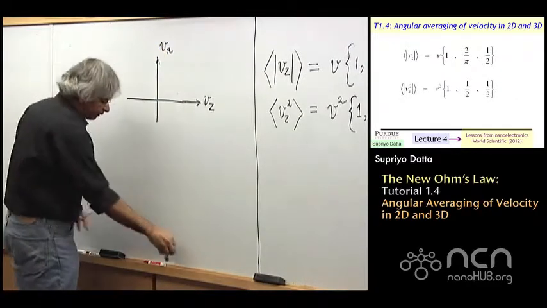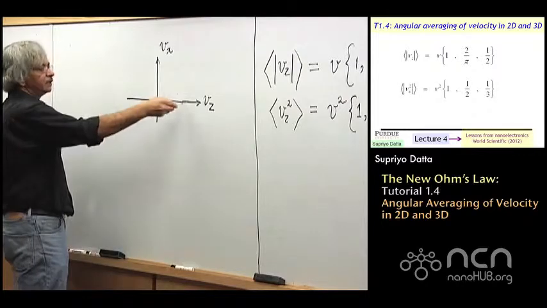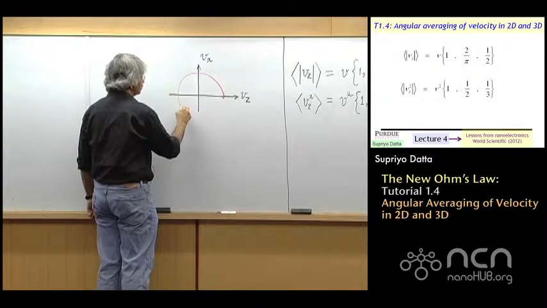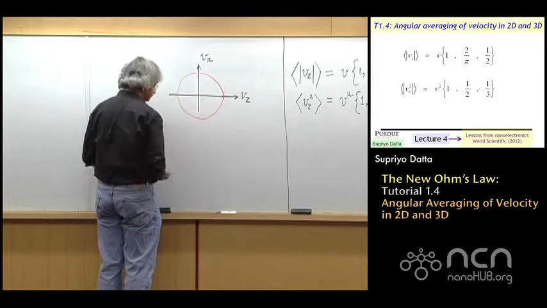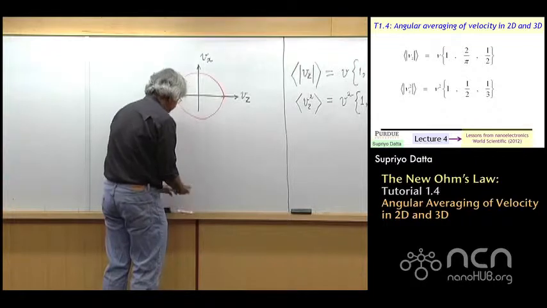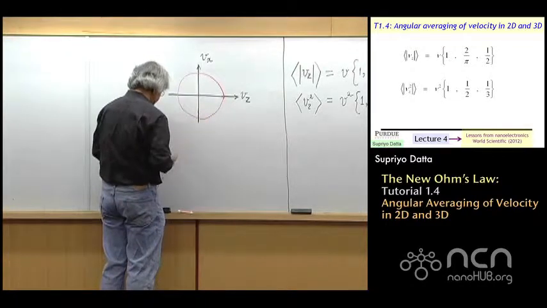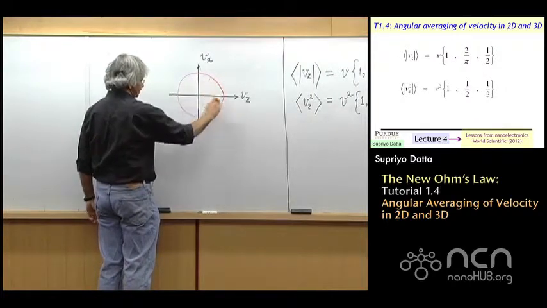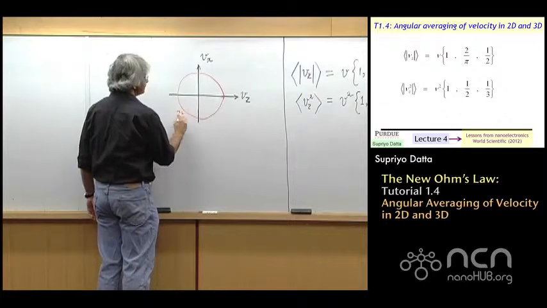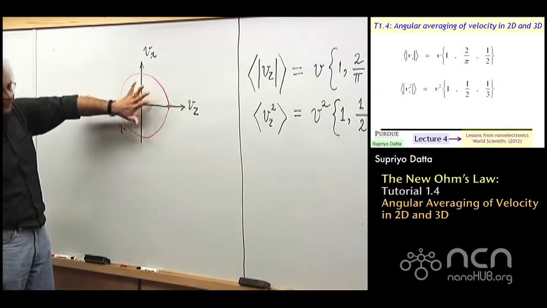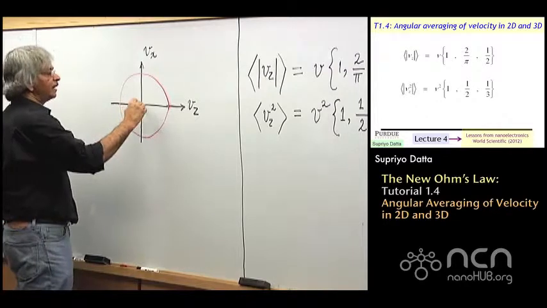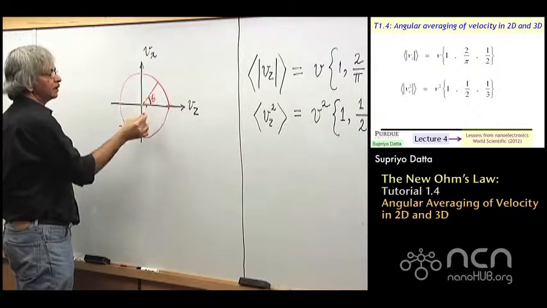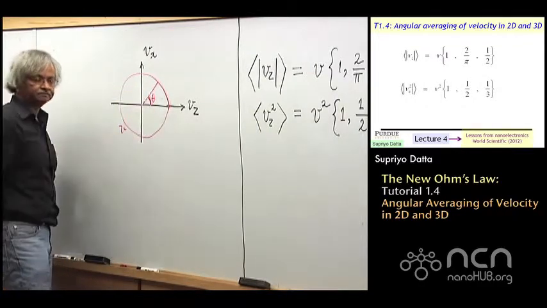Electrons can have any velocity lying on a circle whose magnitude is V. The radius of this circle is the V. As far as the angle is concerned, it can have any direction. I could call this angle theta, and it could be in any direction here.